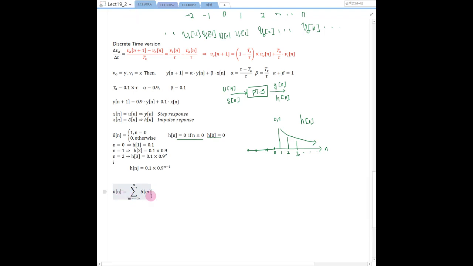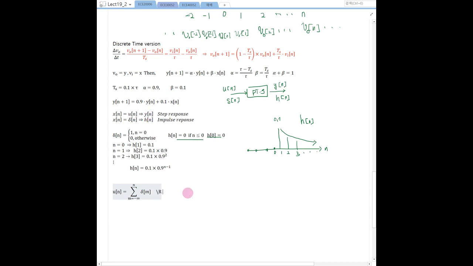So this is the relationship between the unit impulse and the unit step. We would like to figure out the step response. We know that when the impulse is applied, we get the impulse response. But what if we apply the unit step? Then what will be the output response?